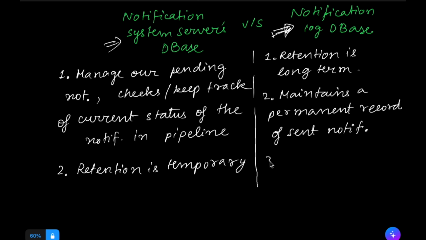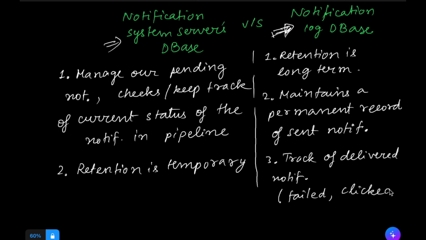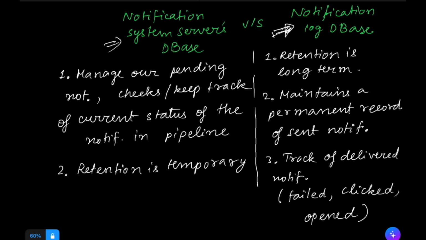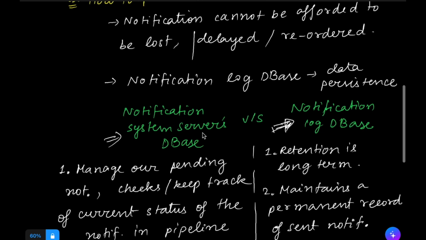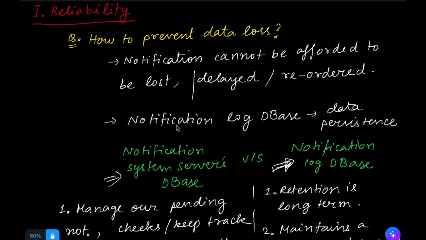It keeps track of delivered notifications, for metric purposes, like whether the delivery failed, or whether the notification has been clicked or opened by the end user, etc. It keeps various metrics for analytical purposes. So this is the basic difference between the notification system server's database and the notification log database, and in this way we prevent data from being lost in the case of a notification.